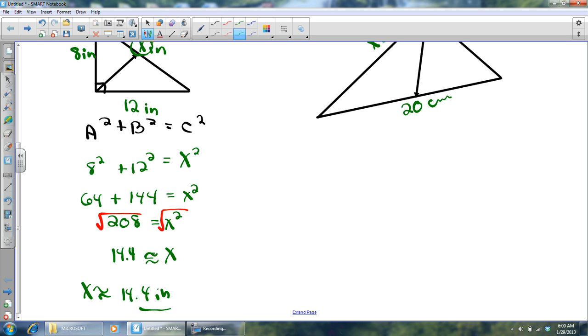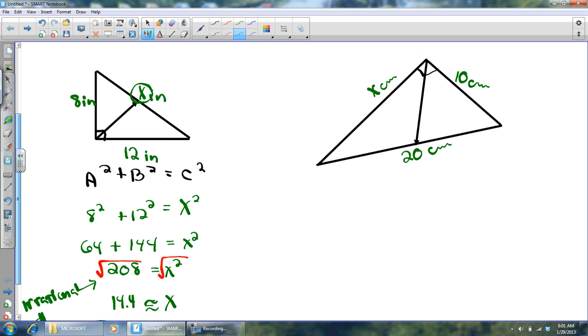And again, that's a rounded answer. Hopefully you know what kind of number the square root of 208 is. It's not a perfect square, so that makes it an irrational number. I know it's been a while since we talked about those, but we have to keep that fresh in our memory. We're going to need that on the OAA. The square root of 208 is an irrational number.